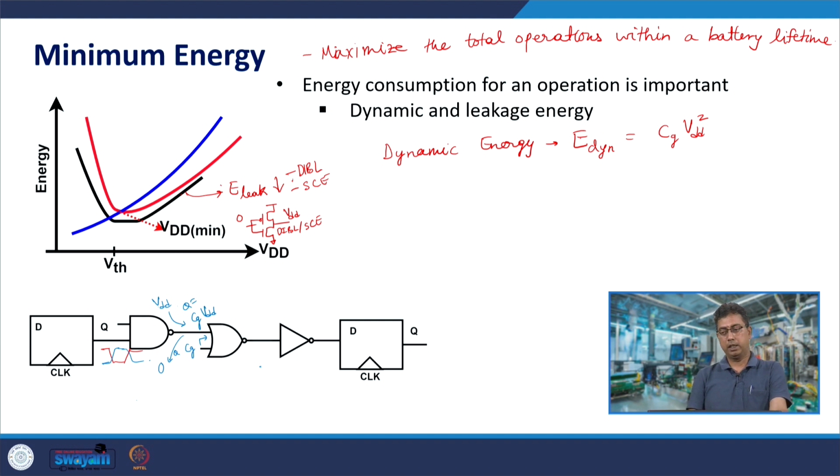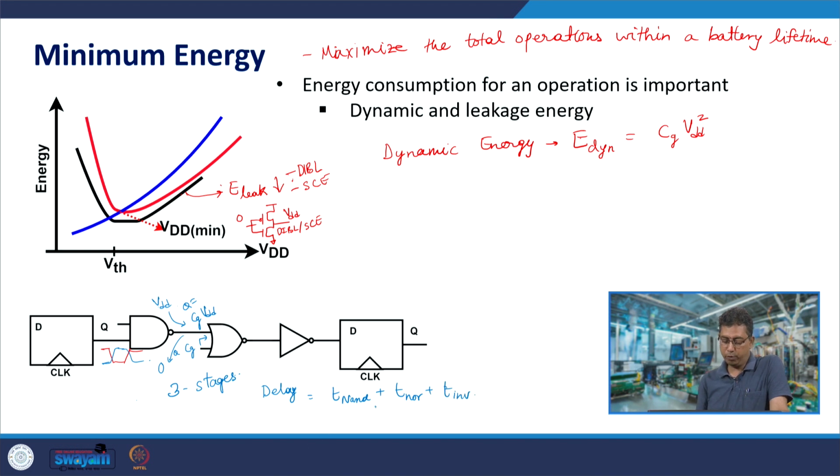In this path we have 3 stages, and suppose these 3 stages have a random logic delay equal to T NAND plus the delay of the NOR gate plus the delay of the inverter.